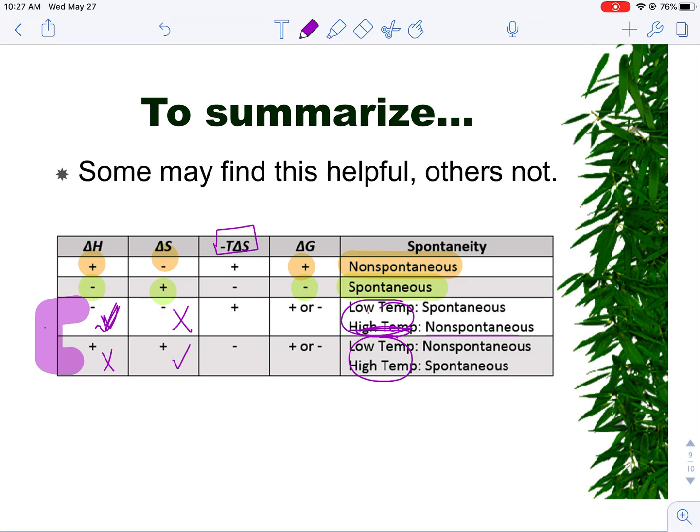But if you're at a low enough temperature, where T delta S will be smaller than the negative number, then you'll be spontaneous. That negative number will still dominate. It's all algebra. But again, like I said, some of you may find this helpful, others may not. It all has to do with the domination of the T delta S product.